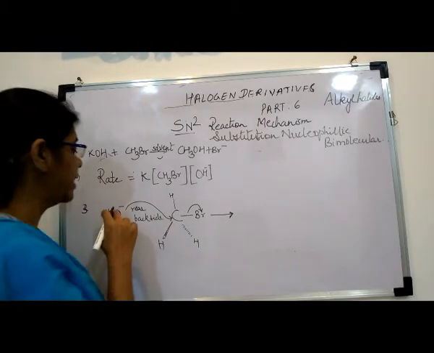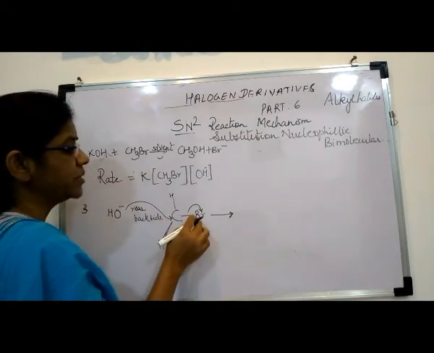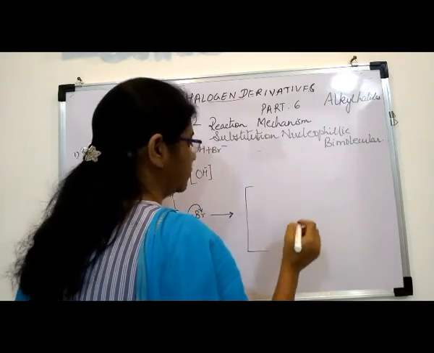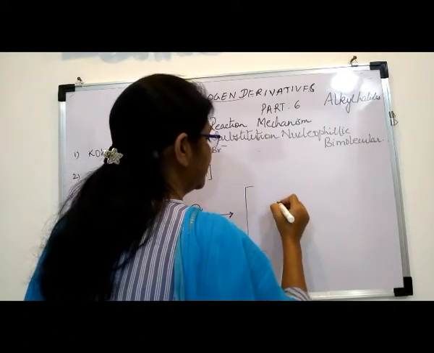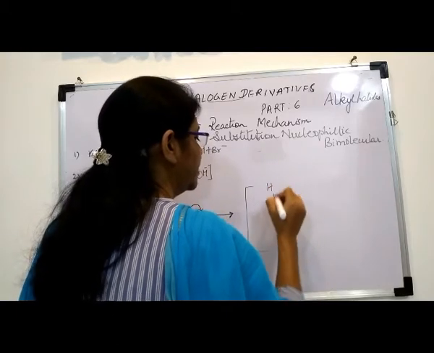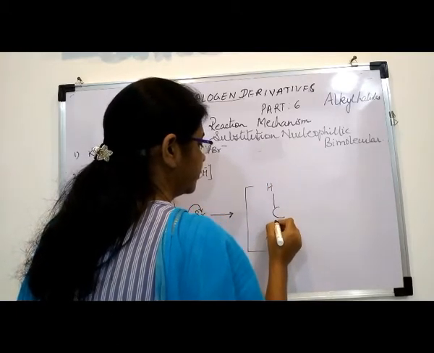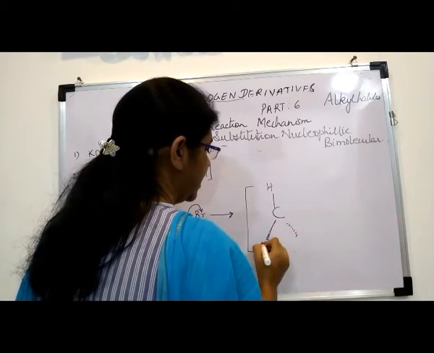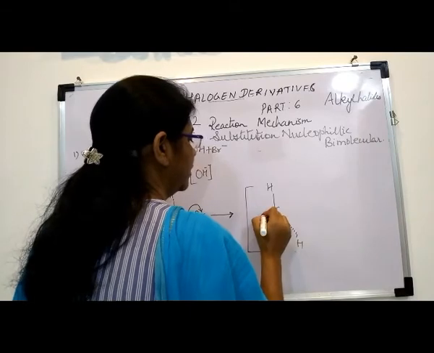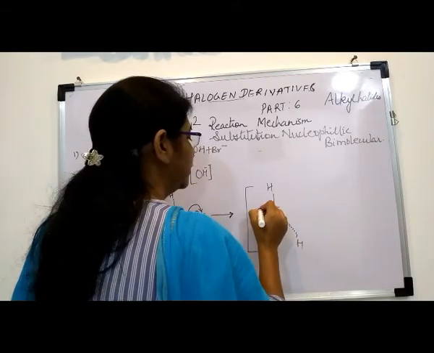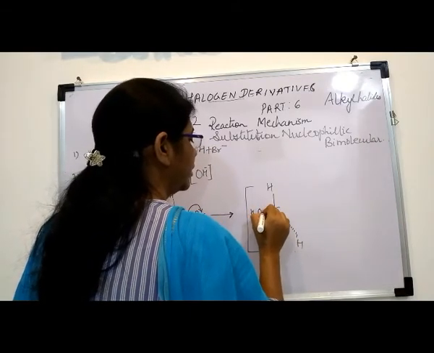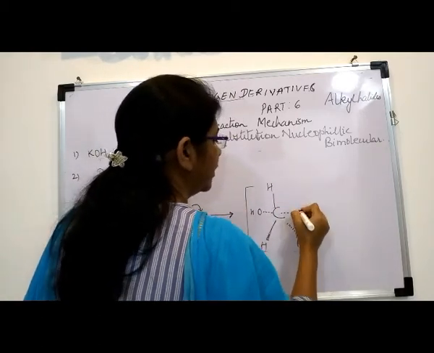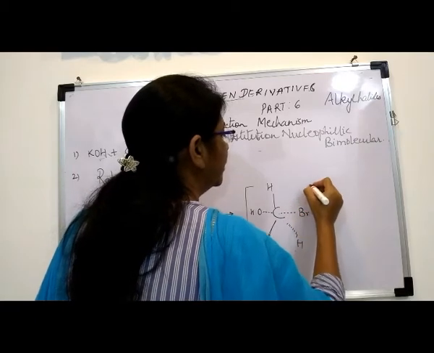Now, it will attack the carbon from the side that is opposite to the leaving group, and you will get somewhat this sort of a stage. C, H, H, H, and then this OH, partial, shown by dotted line, and this Br also shown by dotted line.